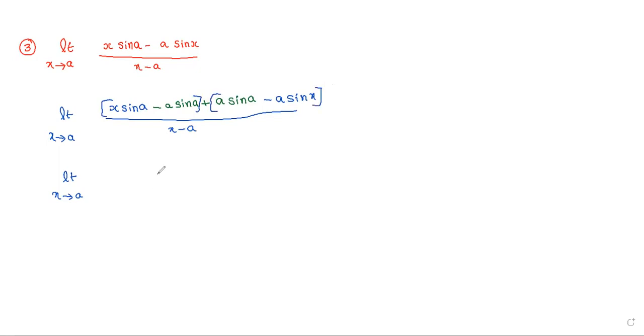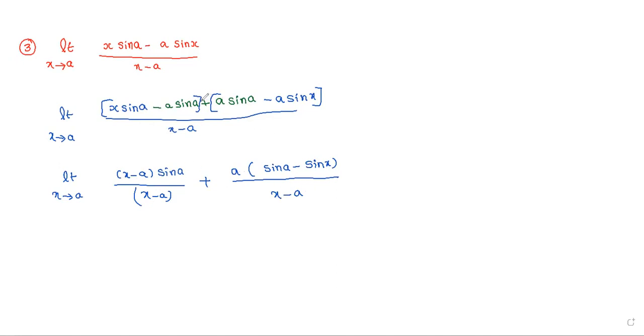Okay, what is common? Sin a is common. So with x minus a common, sin a by x minus a, plus only a is common, (sin a minus sin x) by x minus a.